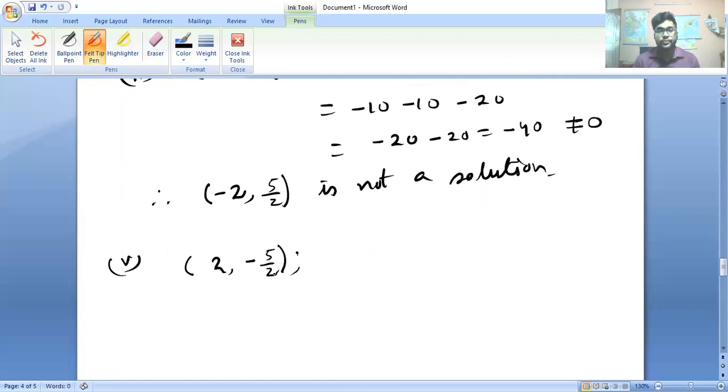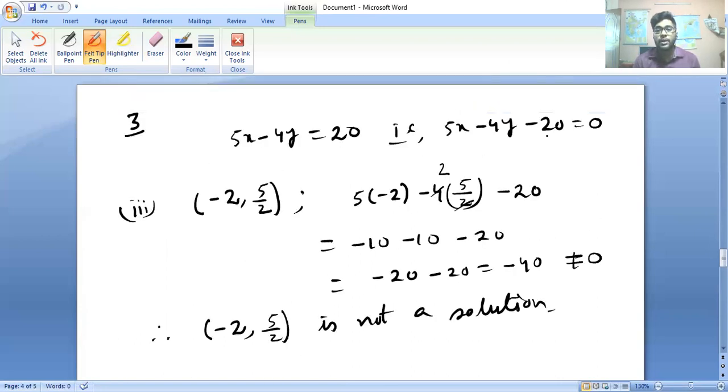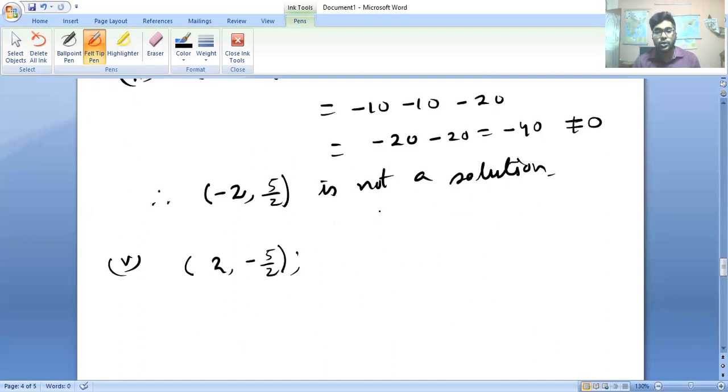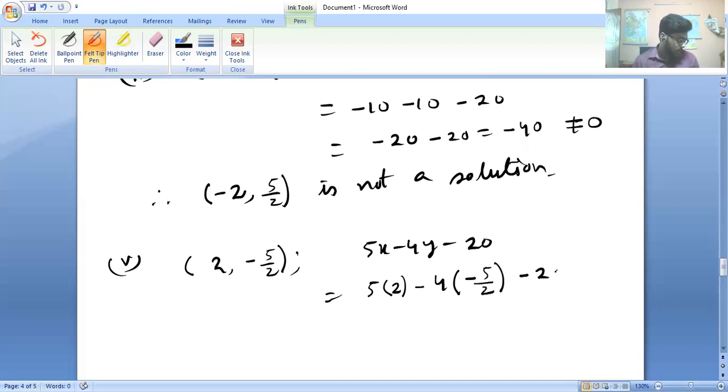Let us check this. So again, we have 5x minus 4y minus 20. Let us write again 5x minus 4y minus 20. So in place of x, we put 2. So 5 into 2 minus 4 into minus 5 by 2, and minus 20.